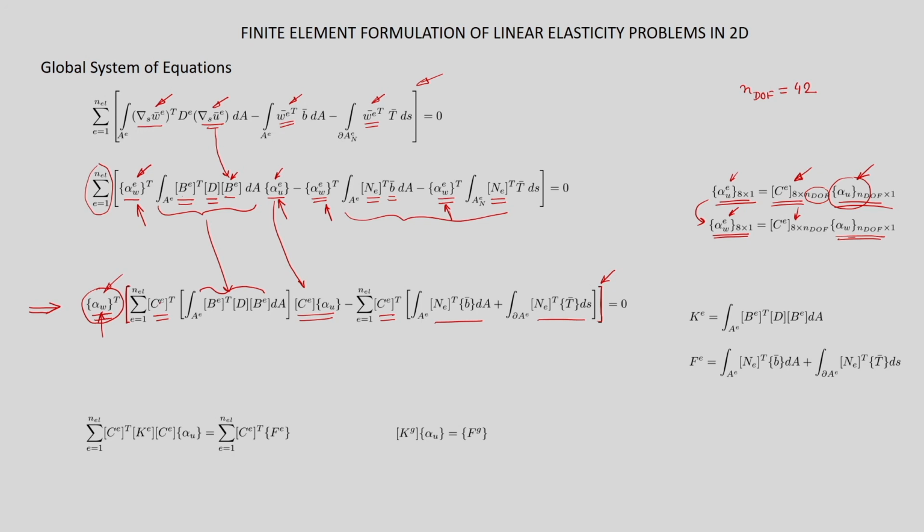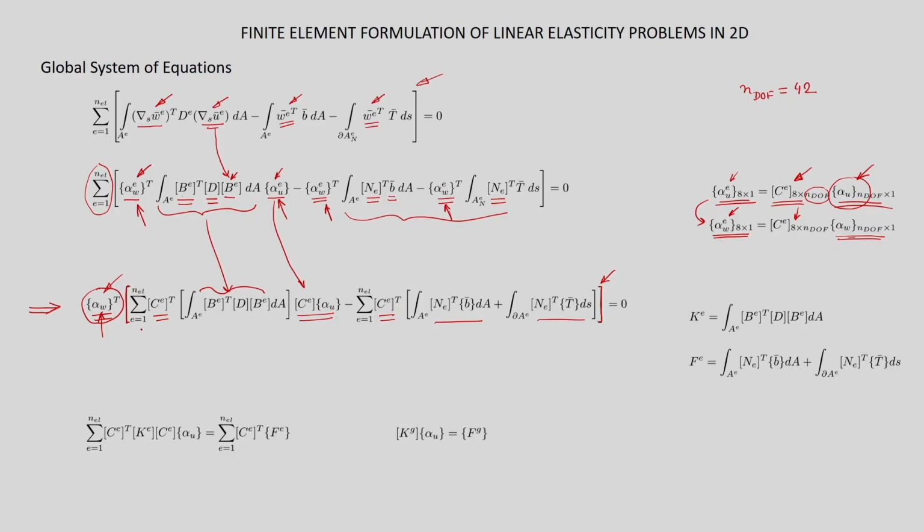So, the dot product of these two vectors, alpha w and the vector inside the square bracket, is always 0, even if alpha w is arbitrary. So, two vectors, the dot product of them is always 0 even if one vector is arbitrary. It means the other vector is always 0. So, that means this whole part inside the square bracket is equal to 0.